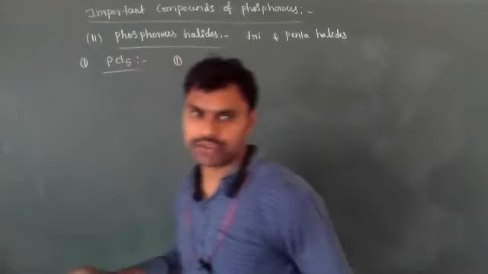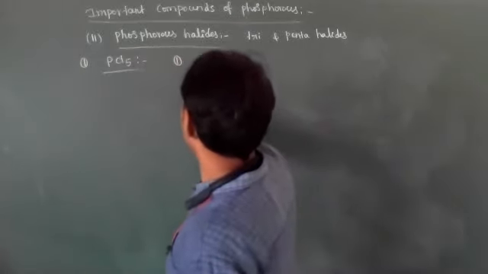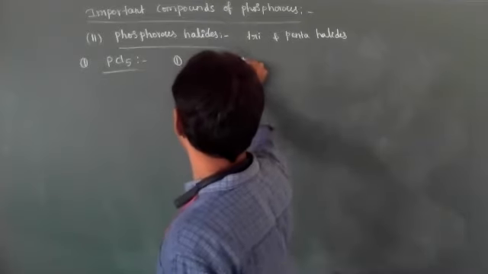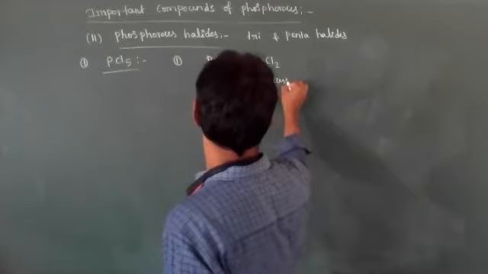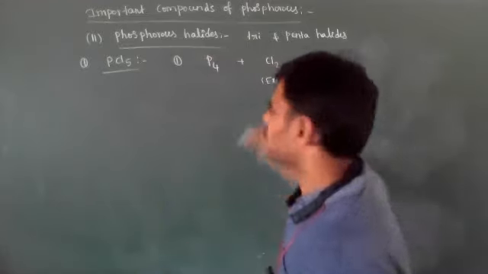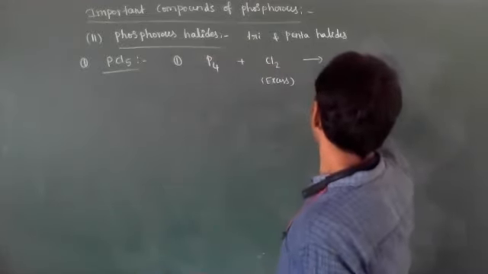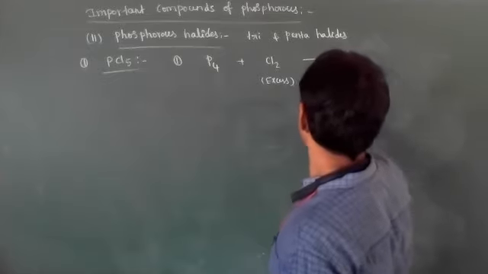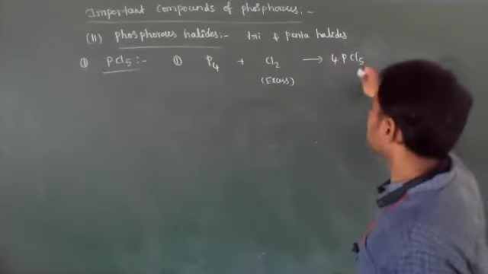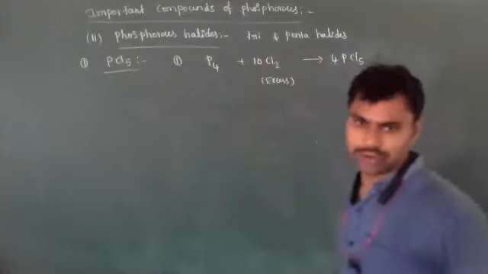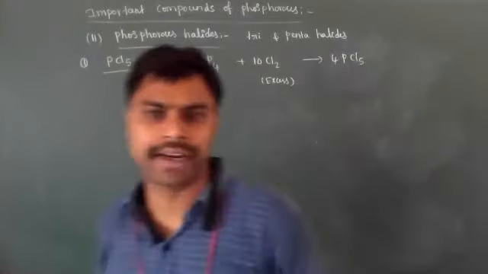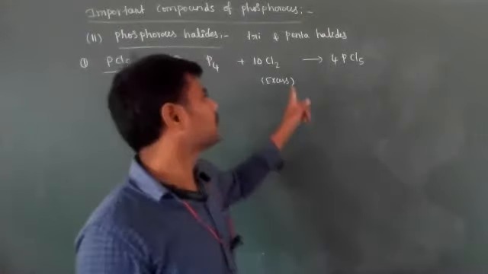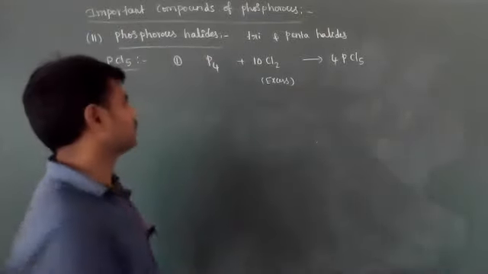The first one is white phosphorus P4 reacting with an excess of chlorine, then forming PCl5. 4 moles, 5 each is 20, means 10 Cl2. Earlier 6 Cl2, if you are using, means PCl3, phosphorus trichloride, we are getting. But with 10, phosphorus pentachloride is forming.